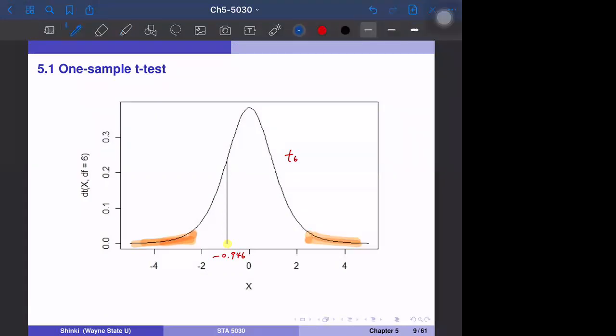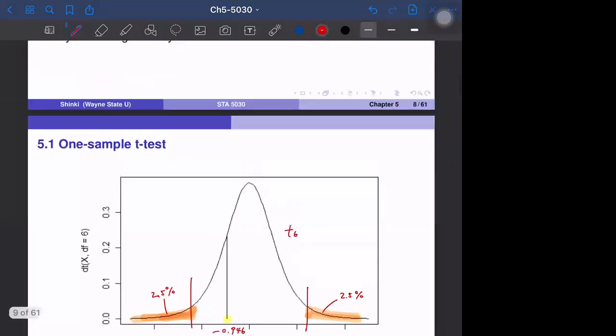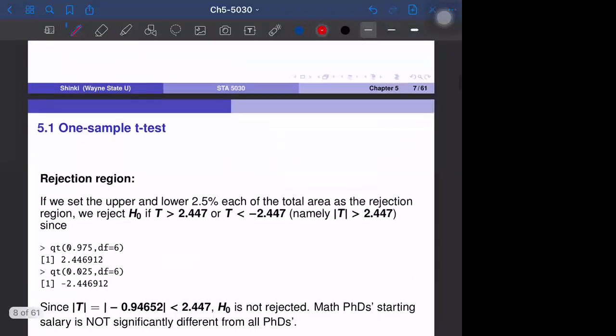To be exact, if t-statistic falls in lower 2.5% or upper 2.5%, then we want to reject H naught, and otherwise we will accept. So how to calculate this threshold value? That is actually in the next slide.